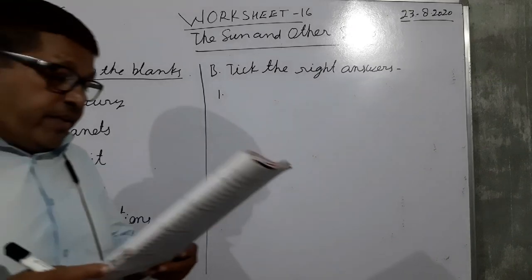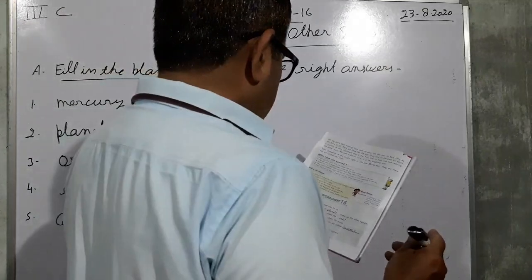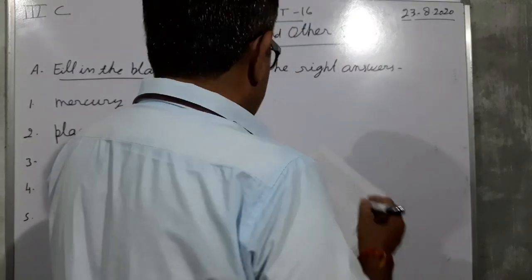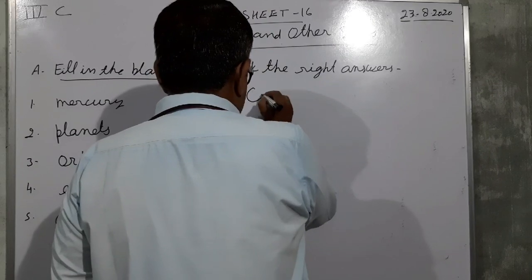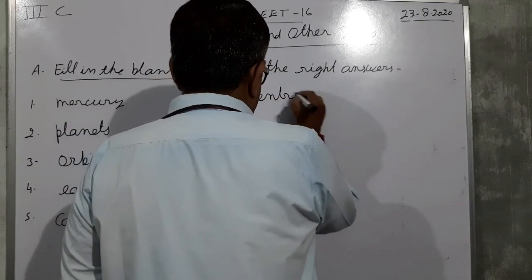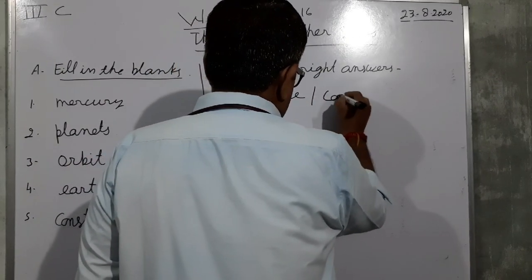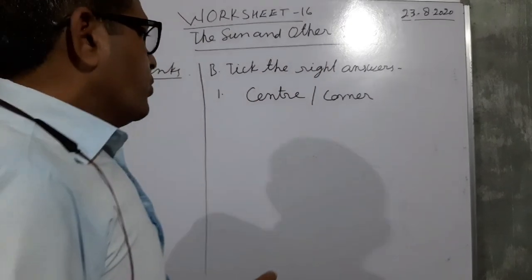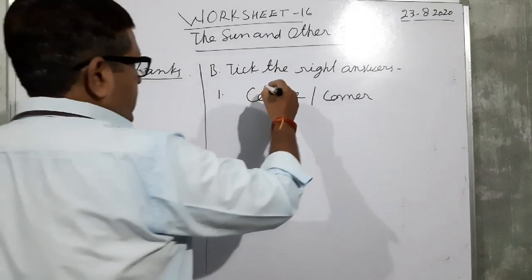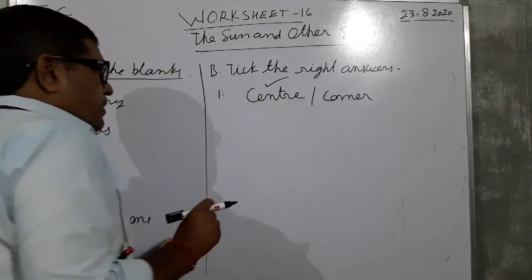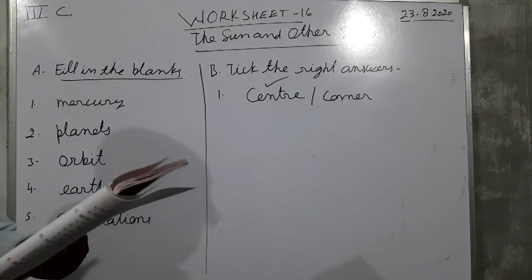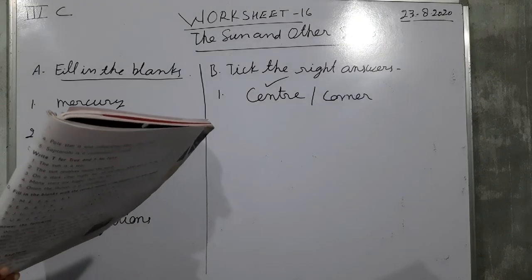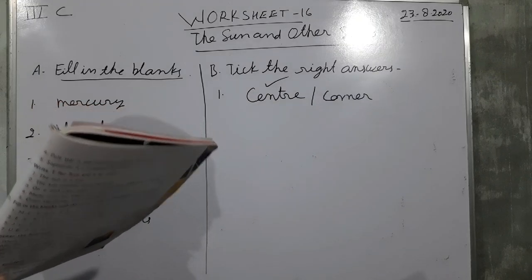Two words are written here: center and corner. So which will be correct? Center is the correct answer. The sun is in the center of the solar system.